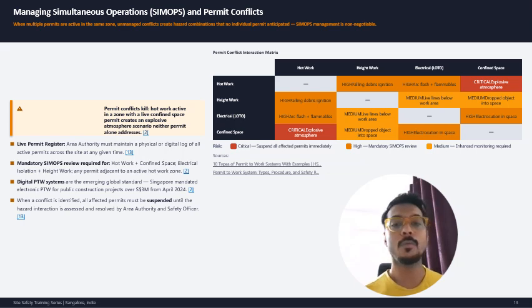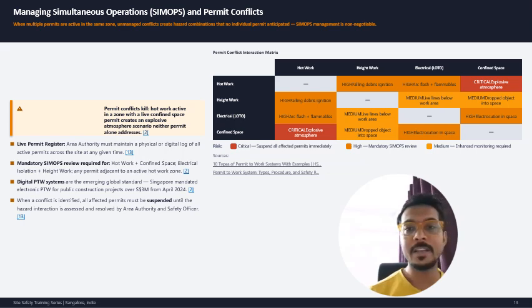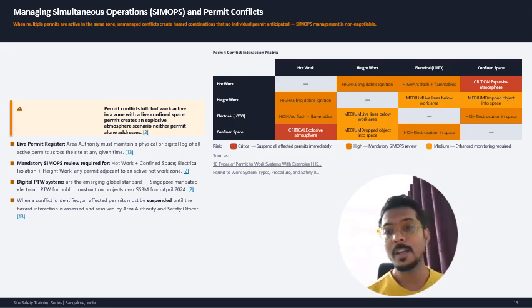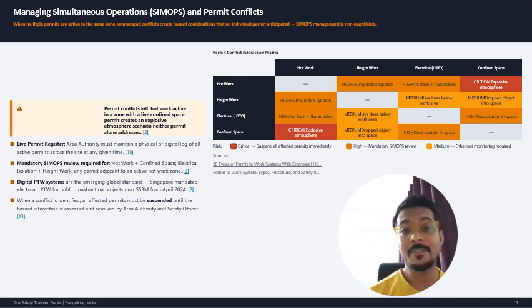One is the normal rating: confined space with hot work, not possible. Confined space with hot work, no, not possible. If it is very critical, high, that orange part, mandatory, it will require hot work, height work, electrician work.